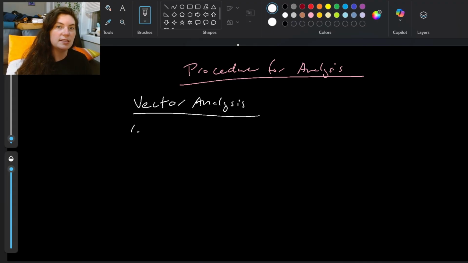So when we're doing this in a vector analysis, we're going to want to establish our x and y directions, as we do when we start pretty much all of our problems. But the more important thing is drawing that kinematic diagram. So draw a kinematic diagram, kind of like a free body diagram, but not forces.